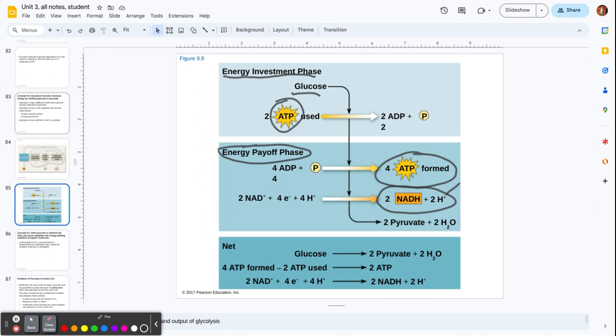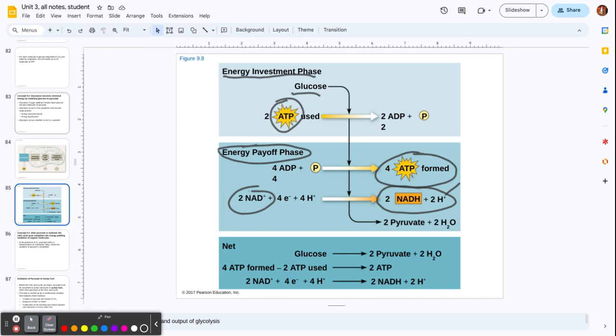Okay, so these guys are going to taxi electrons. They've captured the electrons. They have now become what? What's the term called? Reduced. They've become reduced. They started off as being oxidized. They were NADs, and now they are reduced to form NADHs.